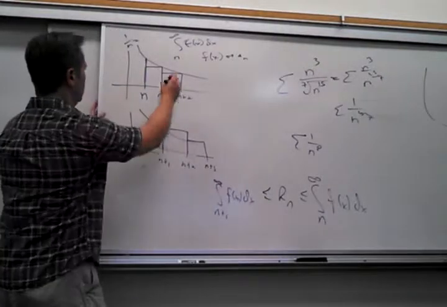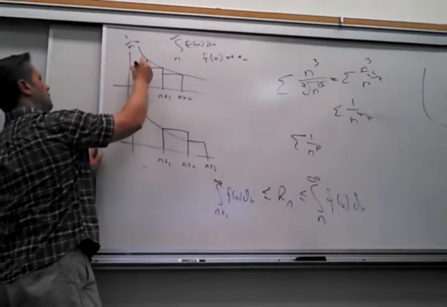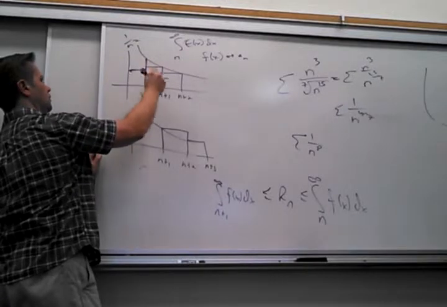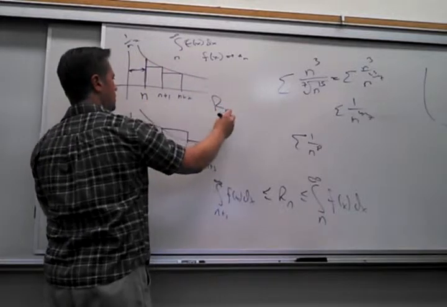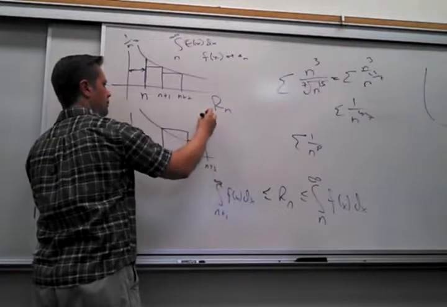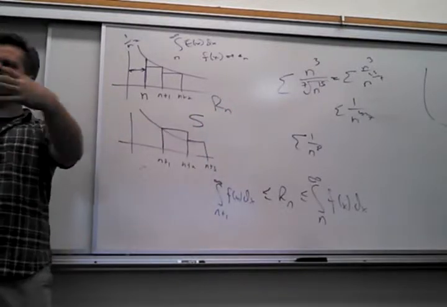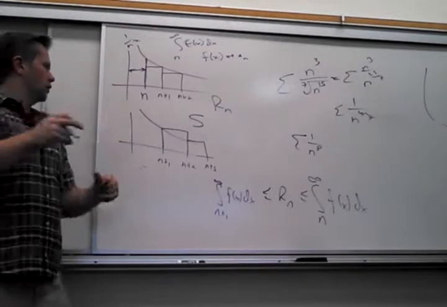Yeah, and of course, what I'm alluding to here is, if I use the first n terms, this Rn is the remainder of what happened. So I've got some S, which remember from last time is the actual sum of the whole series.